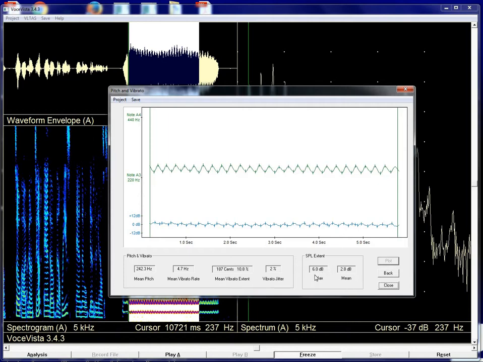Maximum was 6 dB, and remember 3 dB is a doubling of intensity. Mean was 2.8 dB. And you can see they also have a dB trace down here in blue on the bottom of the screen. So I'll do the whole procedure one more time.